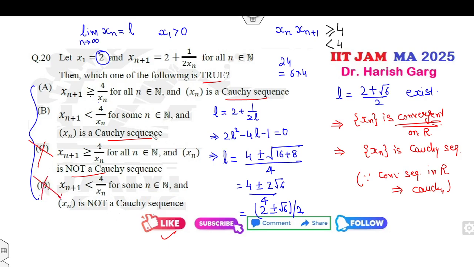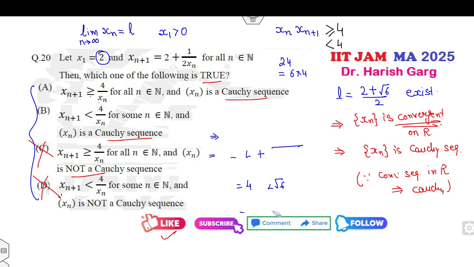Fine. Now your target is to check whether the product is greater than 4 or less than 4. So how you can see, I can start from the left hand side, xn into xn plus 1. What is the value of xn into xn plus 1? That will be 2xn plus half. Fine. So let's assume that this will be greater than or equal to 4.